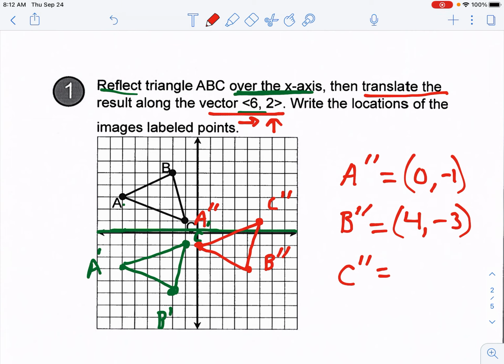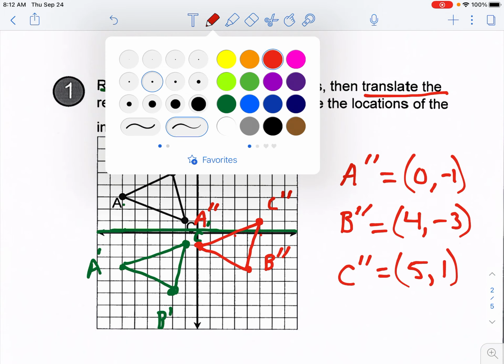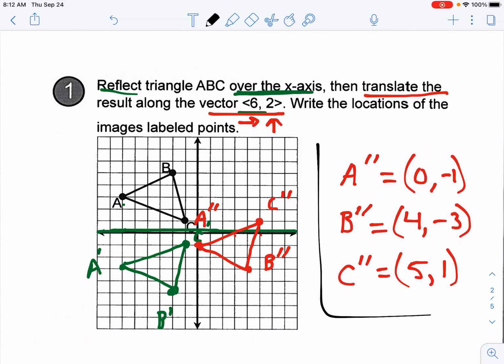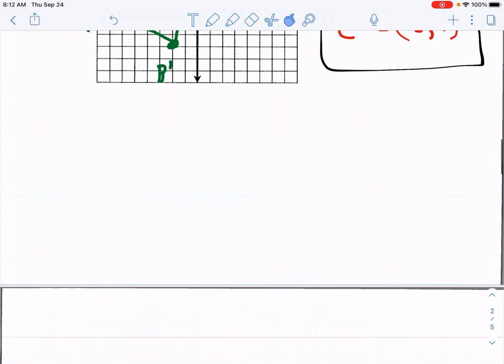And C double prime would be over 1, 2, 3, 4, 5, up 1. So we reflected it first, then we translated it, and we have our final ordered pairs, which is what we're looking for. Again, we follow it in the order that they give it. Let's try another one.